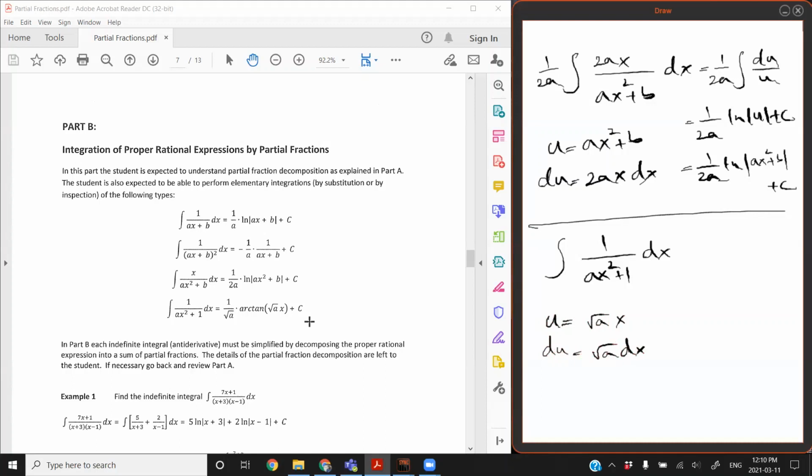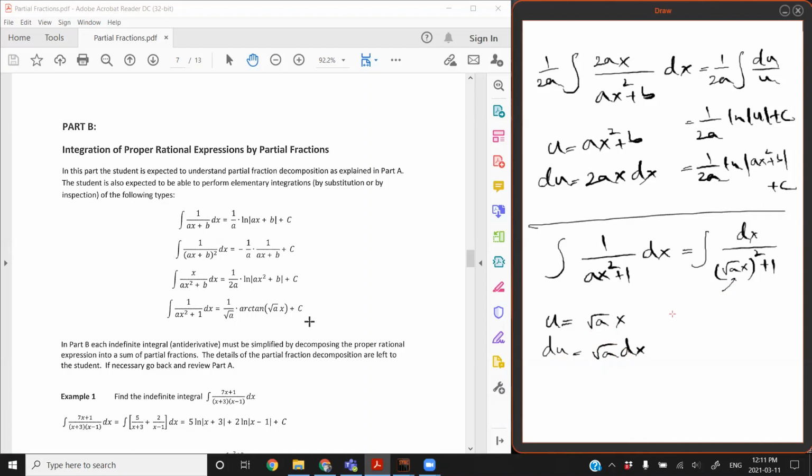That's the right substitution, because notice that I can write this as dx over root a x to the power of 2 plus 1, right? Then I can use this as the inner function. Take u to be root a times x. A is a constant, so du is going to be the derivative of this times dx.